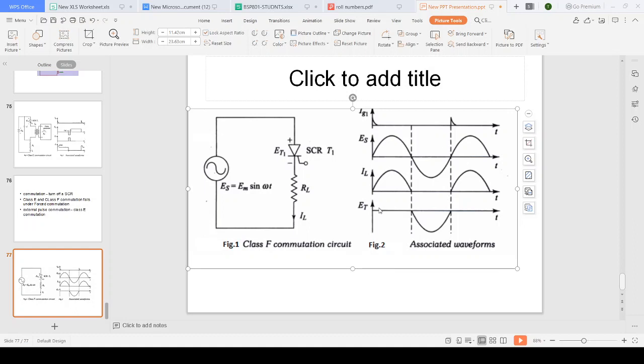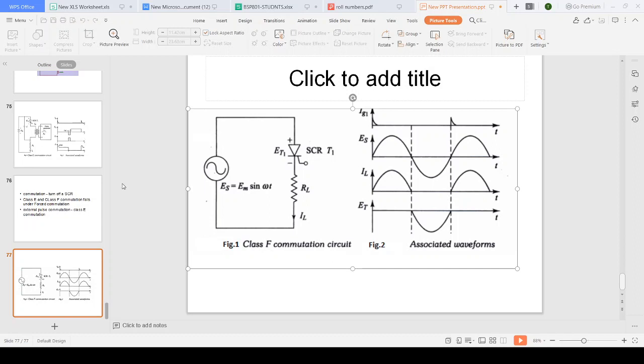Similarly, another type of commutation is class F commutation. In this commutation technique, first observe the circuit diagram.